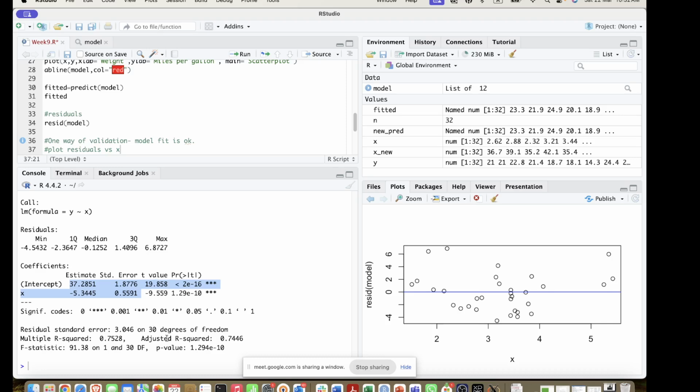And this one here, multiple R square, is telling me how much proportion of variance in y is being explained by my x, which is a considerable portion. And overall I can see that these are randomly scattered and the p value is quite small, so perhaps this is a good model.